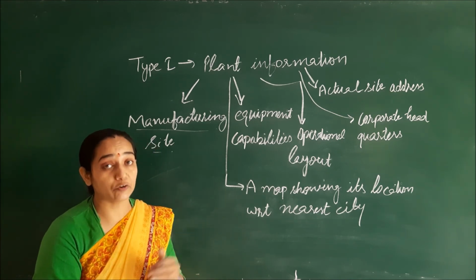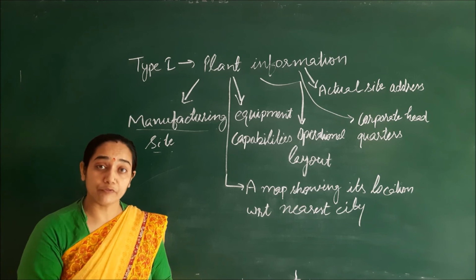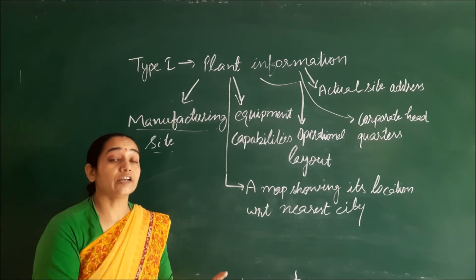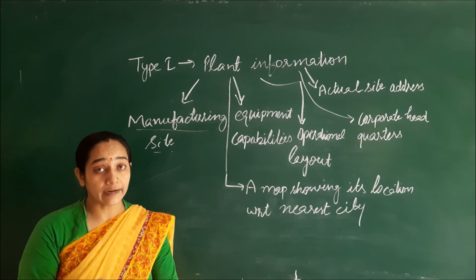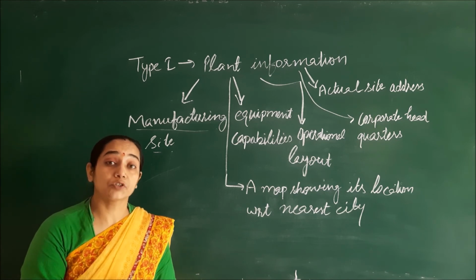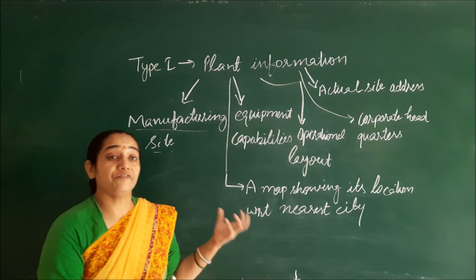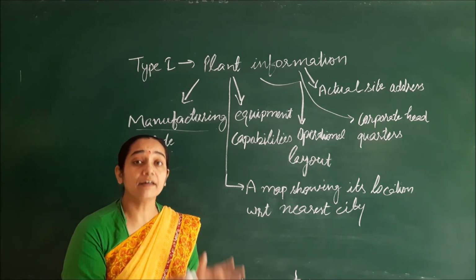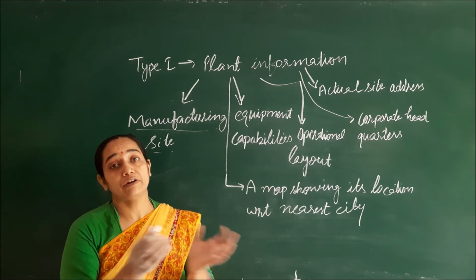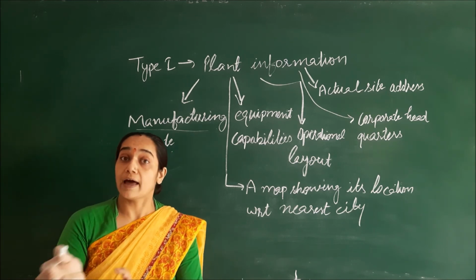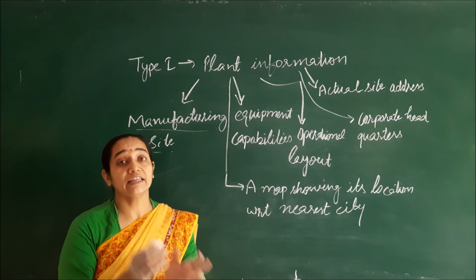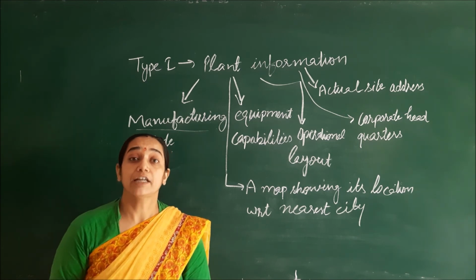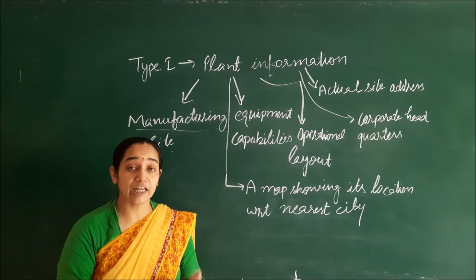Either it could be the manufacturing area for manufacturing a particular part or intermediate, and then it will be moved to another area where another processing step will be done. For example, if we are making a tablet, there will be a site where the granules will be prepared. After granulation, they will be shifted to another area for drying. Then after drying, they will be shifted to the compression area where the tablet compressing machines are available.